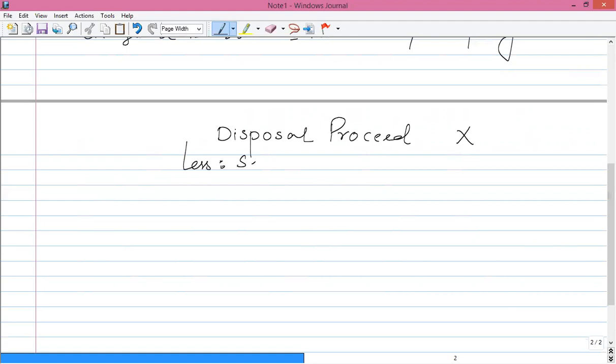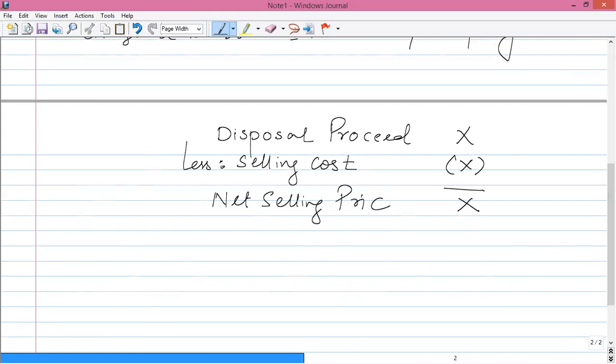Then you have to deduct the selling cost of producing this proceed, and this is the net selling price. This selling cost is an allowable expense by tax authority.